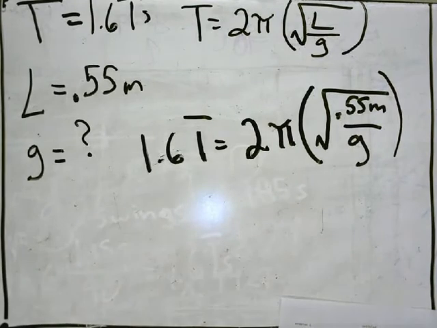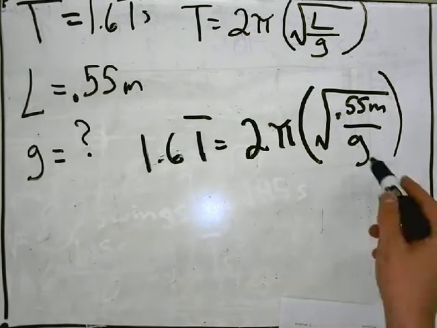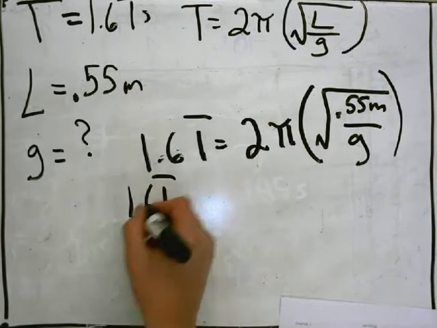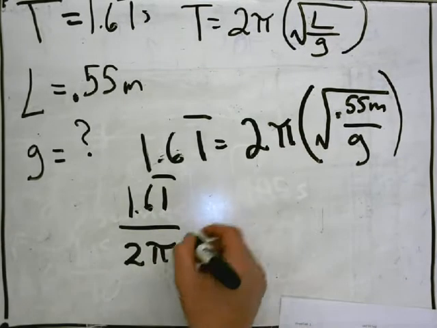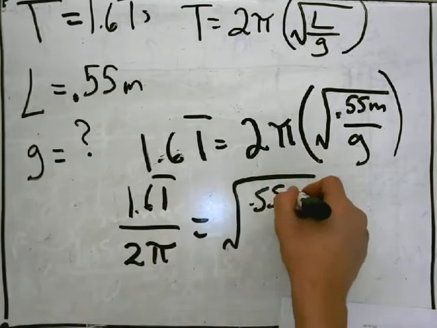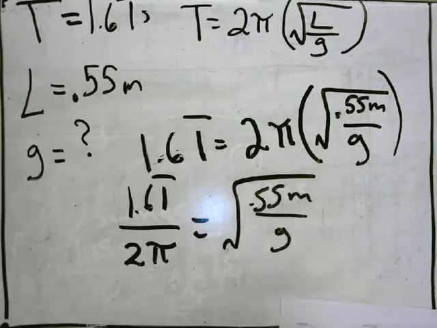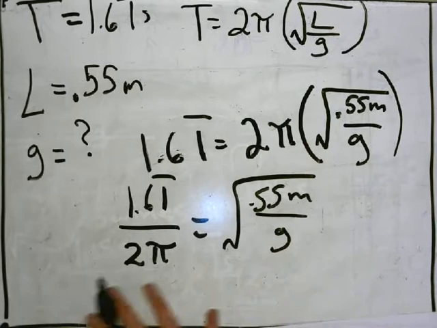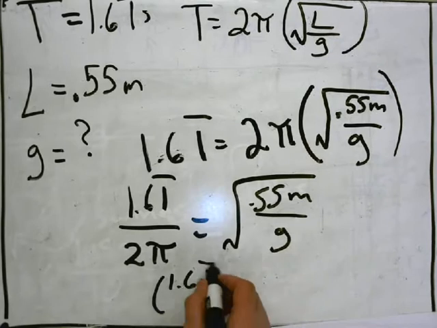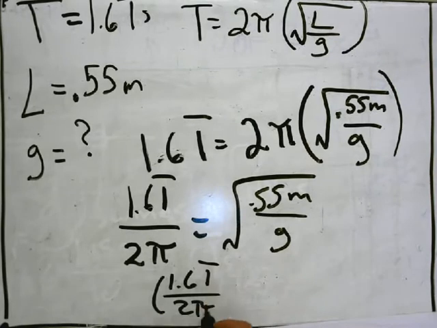So we're going to first want to isolate our variable. So the way we're going to do that is we're going to have 1.61 repeating over 2 pi is going to equal the root of 0.55 m over g. Now we're going to square both sides. So we're going to have 1.61 repeating over 2 pi quantity squared equals 0.55 over g.